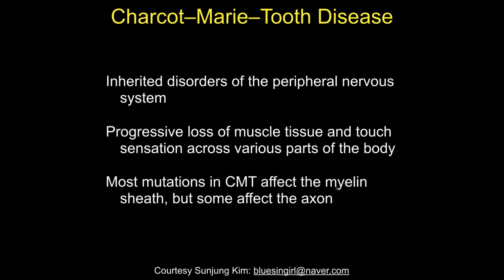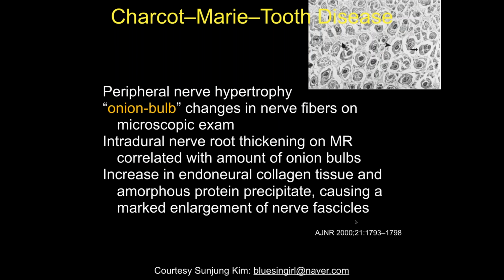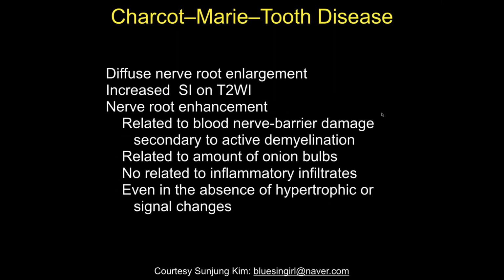So most affect the myelin sheath, but some affect the axon itself. Usually it starts in late childhood, early adulthood, and pes cavus, like we saw in that last case, is quite common. And then very abnormal looking nerves on a histologic study.